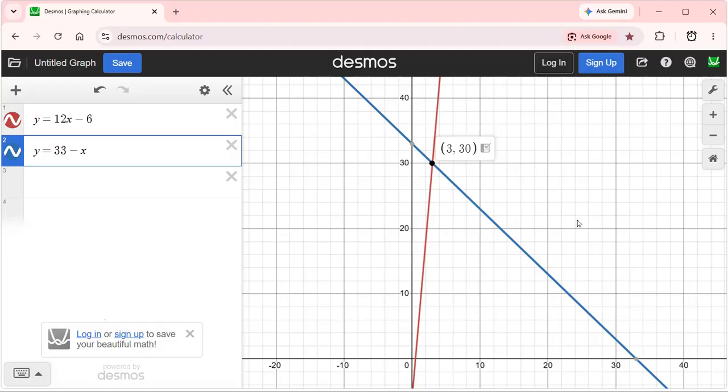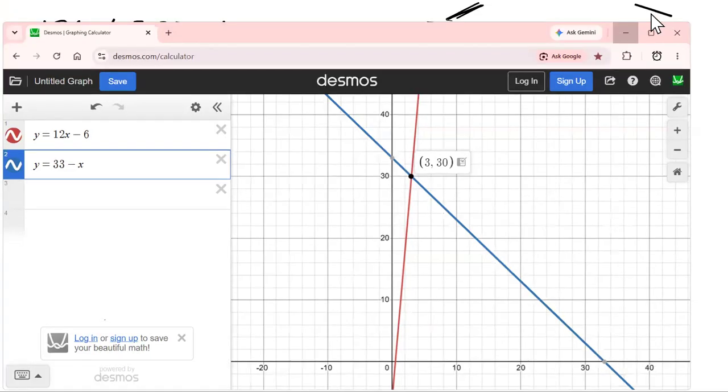So in this case, we got x equals 3. It's telling us that at x equals 3, this is where these two equations cross. That's the bottom line. If we plugged in 3 for x, then our y value would be 30 for both of them. But anyway, we're trying to figure out, when we have a solution, what does that mean? That means at x equals 3, that is where they cross.